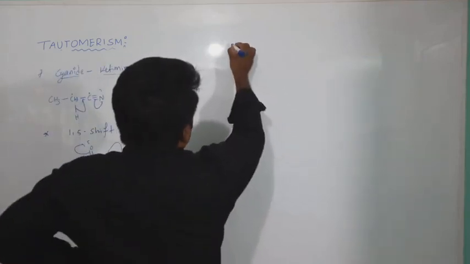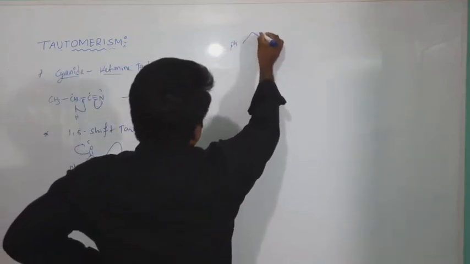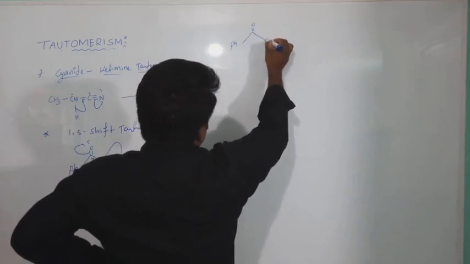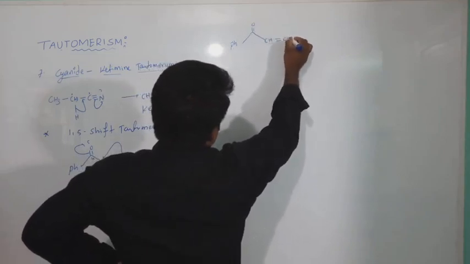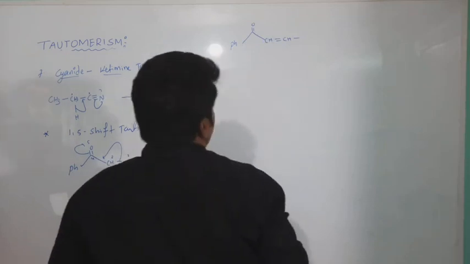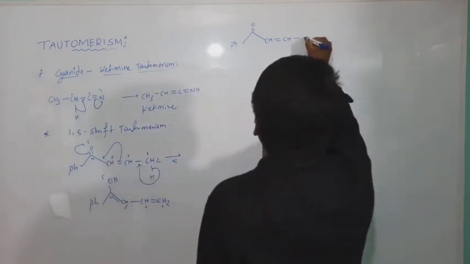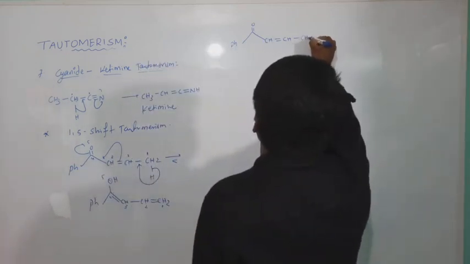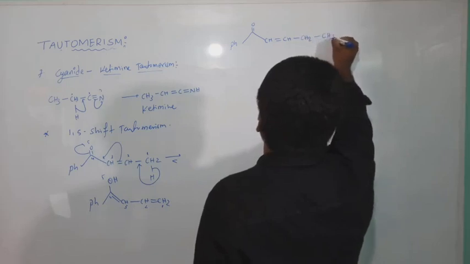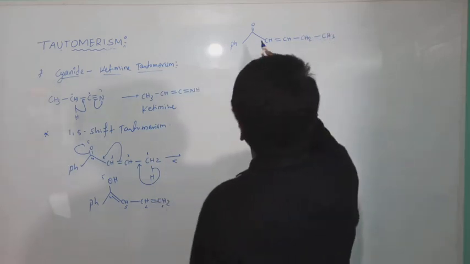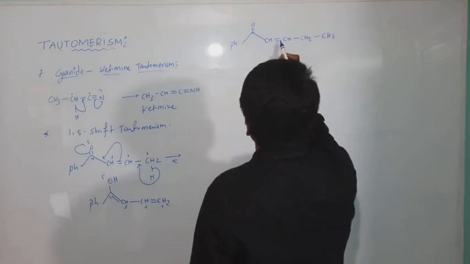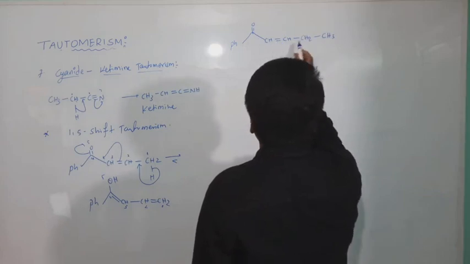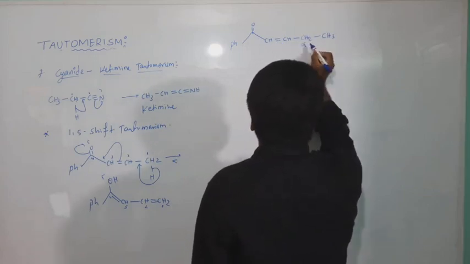See, one more example we will discuss. For example, if I take this one, this is double bond, Cl, double bond, CH. Now here CH2, now CH3. Now which one is the alpha hydrogen? See, this carbonyl group is in resonance with this pi bond, and this is the alpha carbon atom.